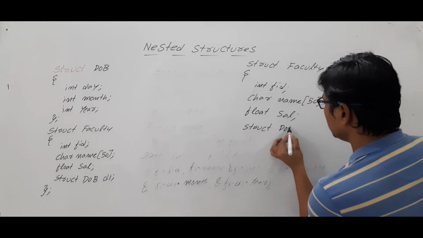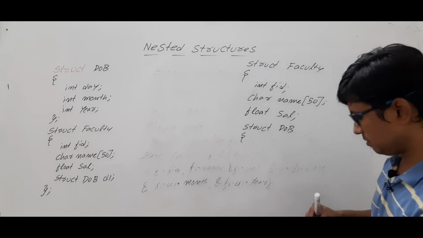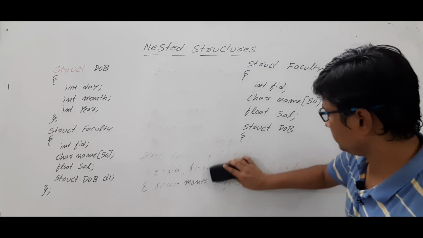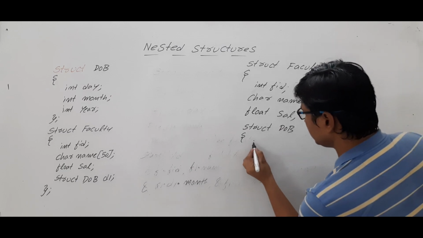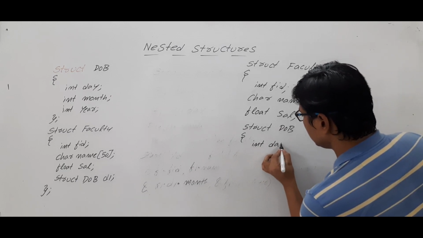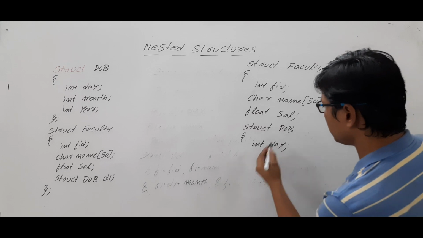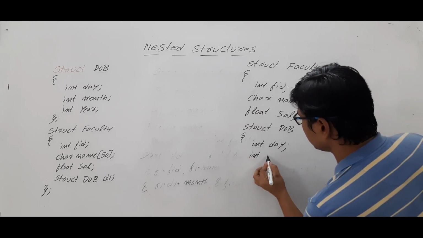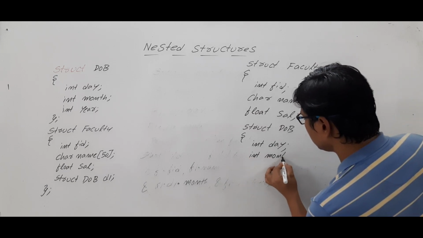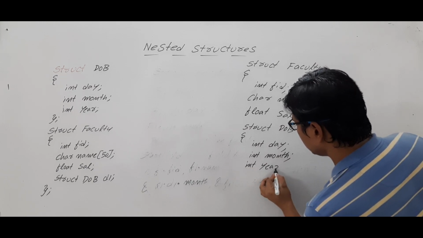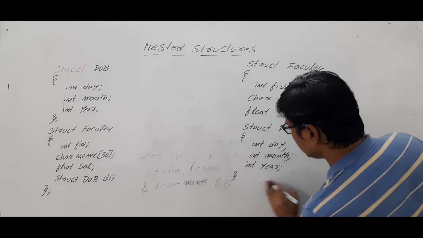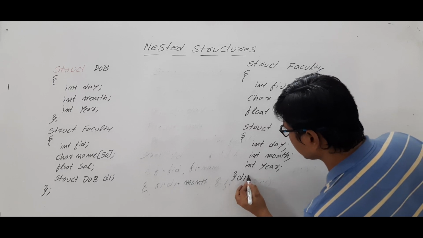So struct DOB, open the curly braces, and write the members of the structure called DOB: int day, int month and int year.